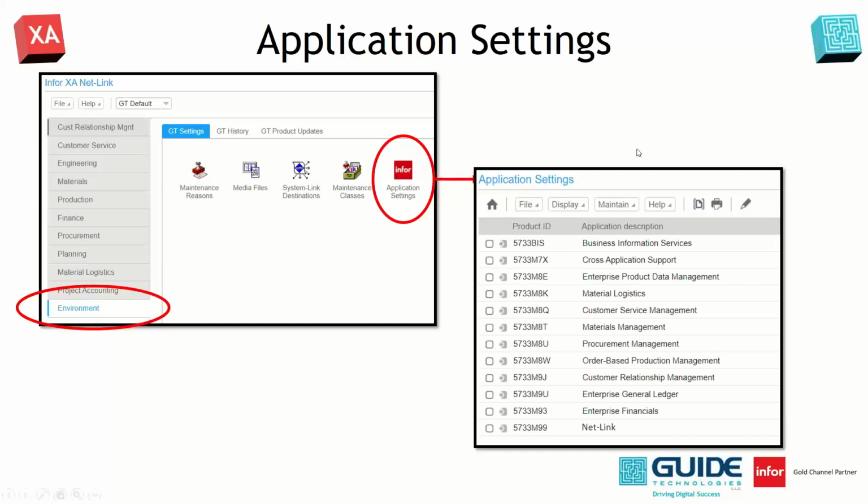So we can see over here that we have everything from business services, Cross App, EPDM, material logistics. Now notice all the application names are the correct names. They are the new names. So instead of COM, we have customer service management. We have customer relationship management, etc. So we can look at these now, and as we go in to look at these, we can get now control files.